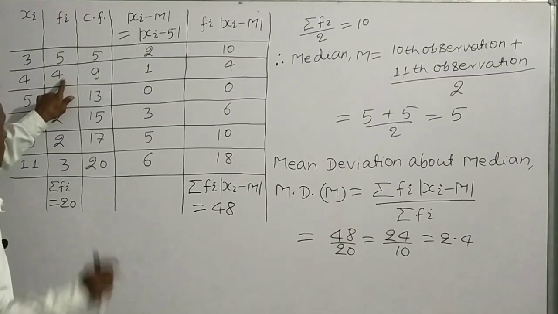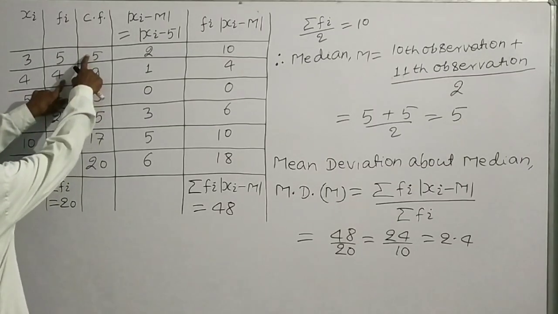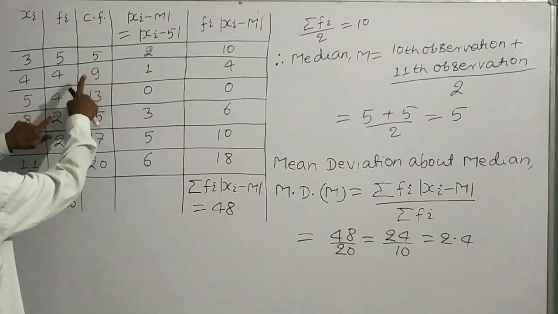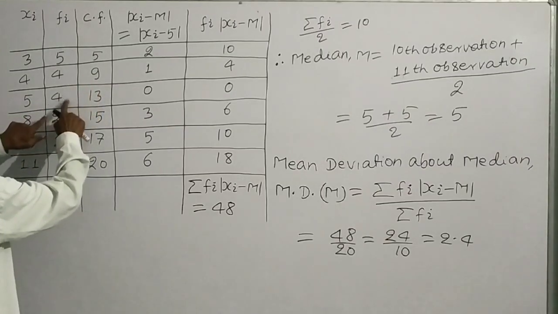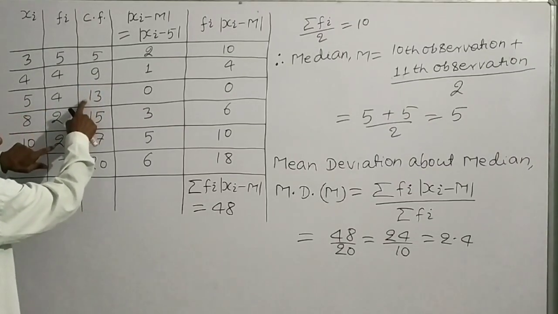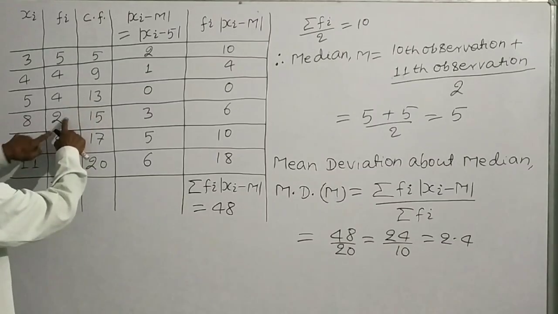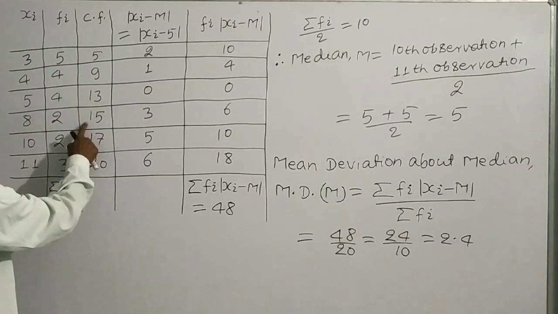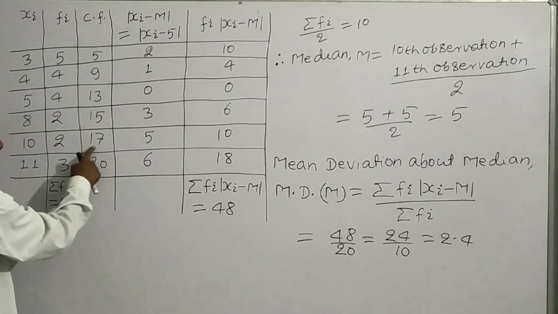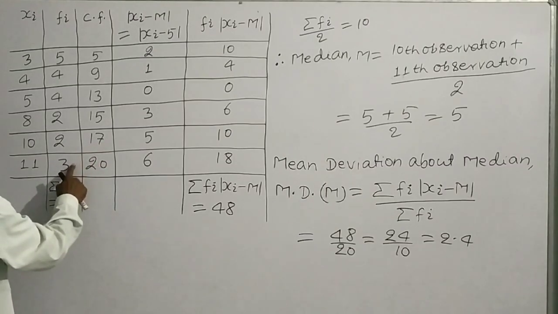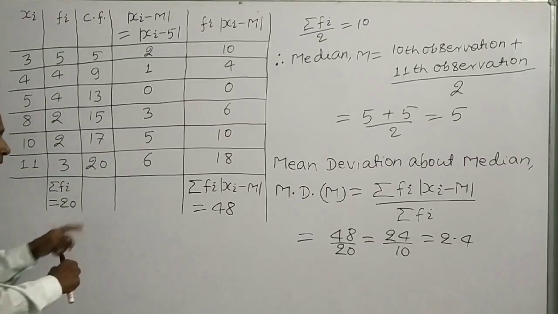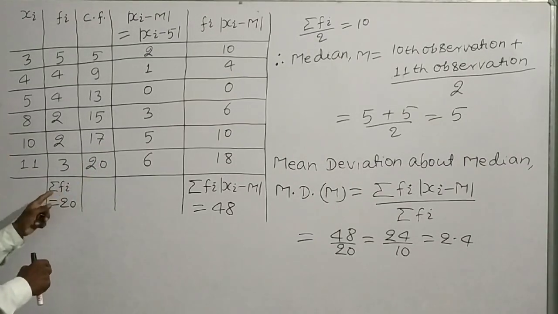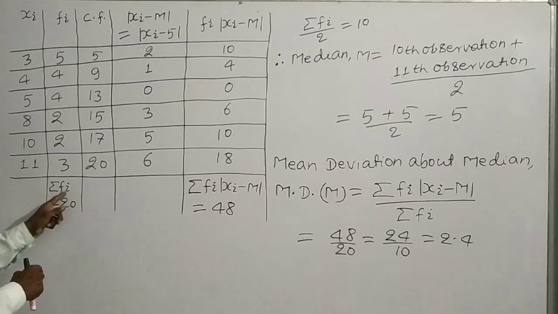Here is 4. 4 plus 5 is equal to 9. This 9 plus 4 is equal to 13. This 13 plus 2 is equal to 15. 15 plus 2, 17. 17 plus 3, 20. This 20 is actually sigma fi.